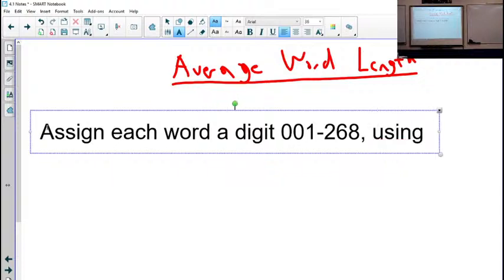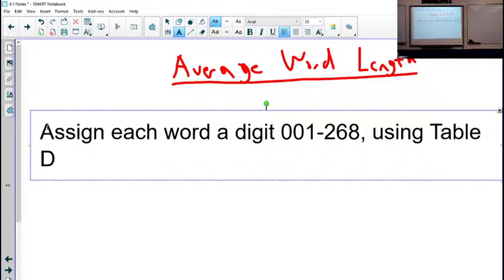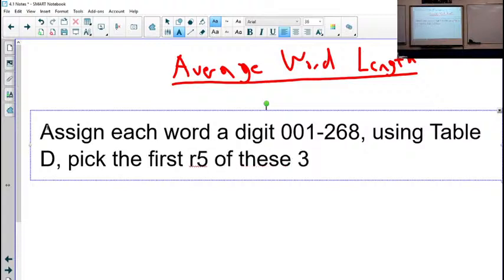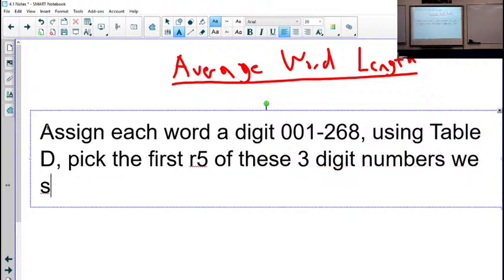And using table D, we are going to pick the first 5 of these 3-digit numbers we see.